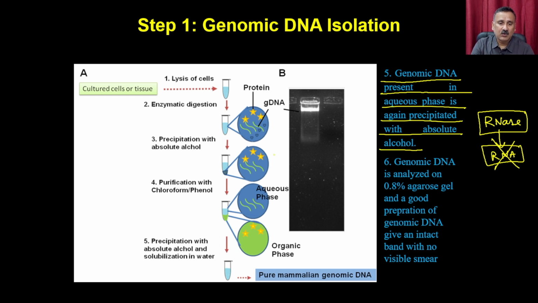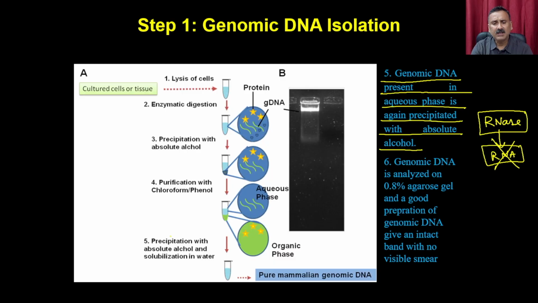So, when you collect the aqueous phase, this aqueous phase is going to contain the DNA as well as RNA, and then from this aqueous phase you can precipitate with the help of absolute alcohol. You can again precipitate the DNA, and then you can treat this DNA with a small amount of RNase, so that you can get rid of the RNA part, and then ultimately you are going to get the pure mammalian genomic DNA.